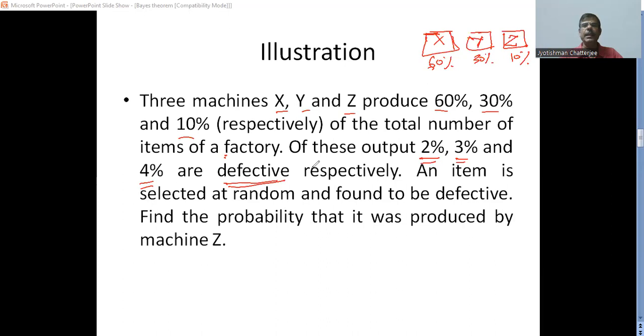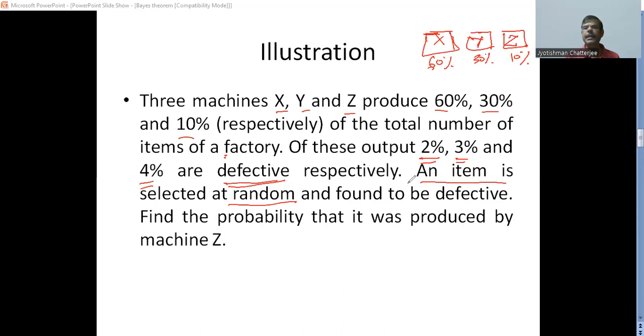In other words, you can visualize that the quality inspector randomly picks up an item and determines whether it is okay or defective. Now, read the next part of the question. An item is selected at random.